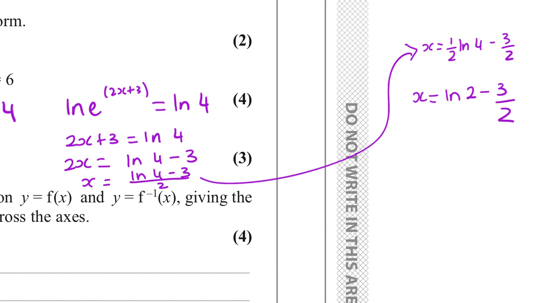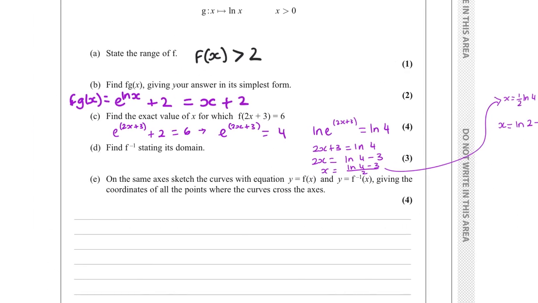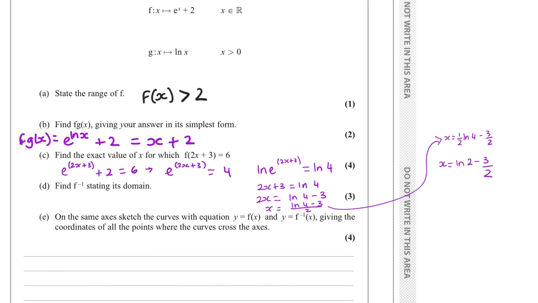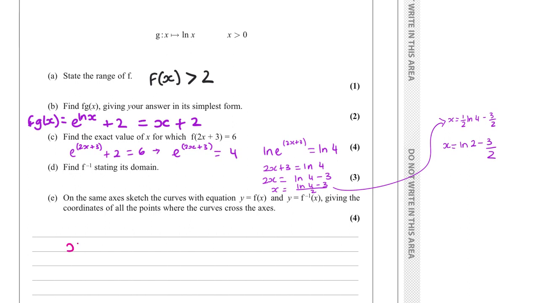Either of those. But just a reminder that we can do this. Okay, then part D says find f minus 1, stating its domain. Okay, so nice and simple. We are going to say let x equal e to the y plus 2. And what am I going to do? I'm going to rearrange this to get y equals.